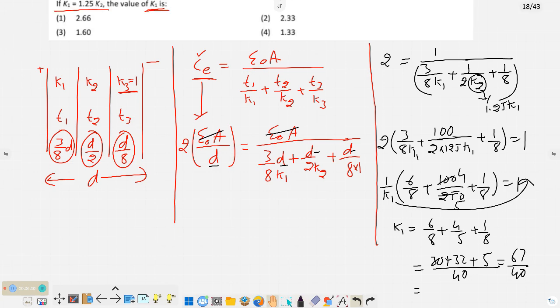If you check here, just a correction. We are not going to get the LCM as 40, we are going to get 320.